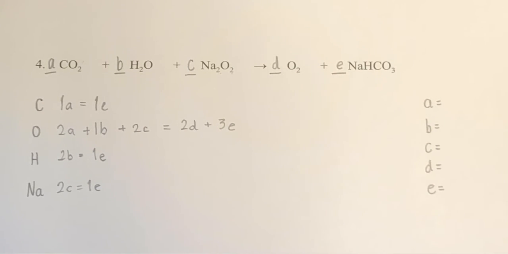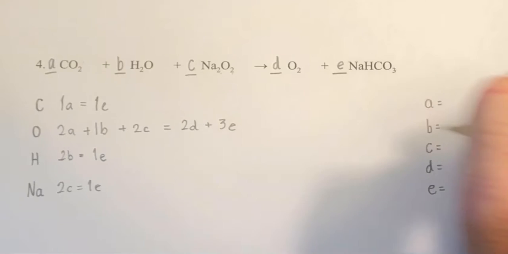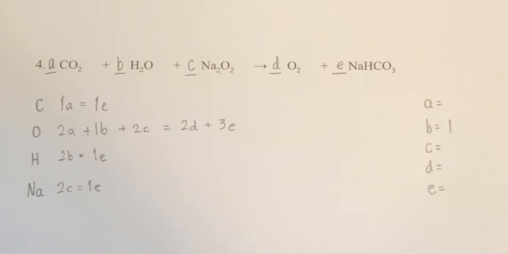At this point, we can really assign any of those variables a number, just making an assumption. In this case, I'm just going to assume for variable b that it is a 1. I'm using variable b because it shows up in multiple equations. So if I assume that b is a 1, I can apply it to the equation for hydrogen.